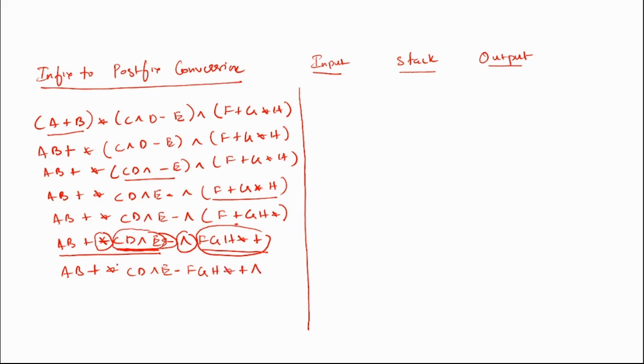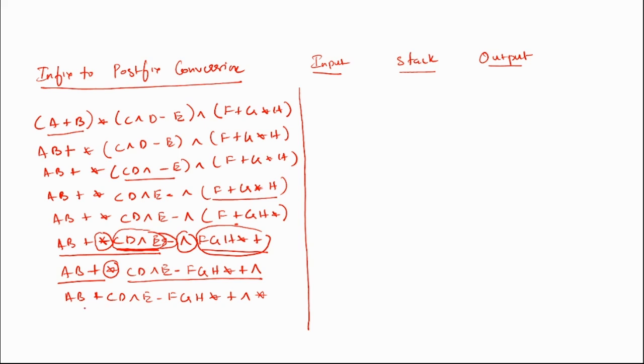Now the operator that is yet to be evaluated is this star. Therefore it is easy now. This would be operand 1, this whole thing would be operand 2. I'll say ab plus cd to the power e minus f g h star plus to the power star, right?